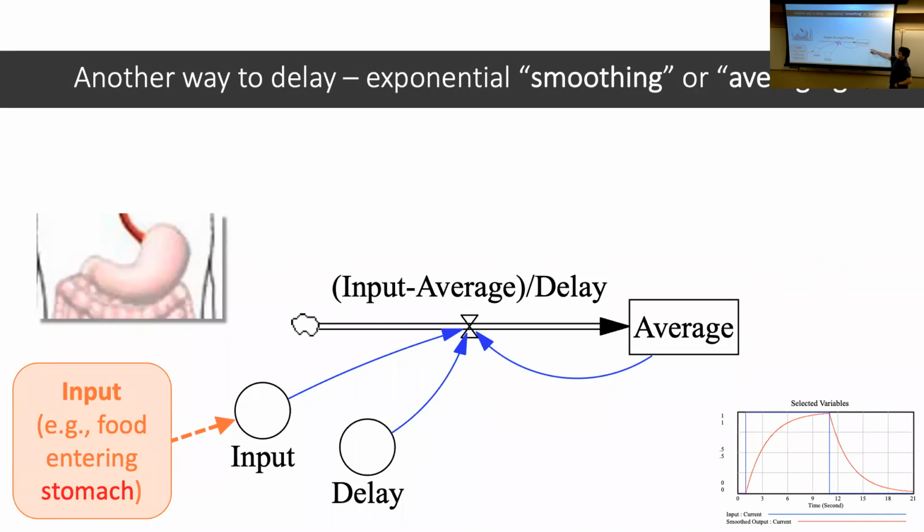So we can view the food entering the stomach as an input to this kind of toilet tank, which is the nutrients entering the bloodstream. And this delay, which is this average delay, just like we implemented the toilet tank, is just going to be our target, which is like the food in the stomach, the stuff we want in the bloodstream, minus the amount that's actually in the bloodstream, divided by this sluggishness parameter we're calling delay. So this is our average delay.